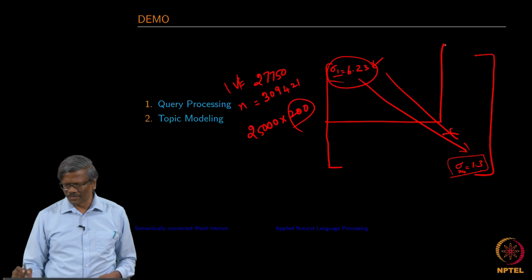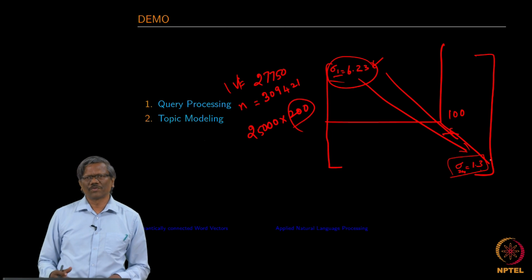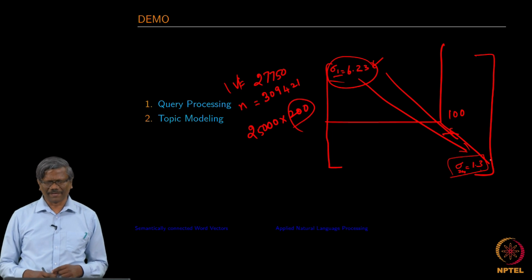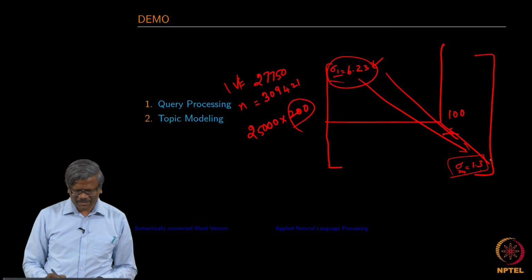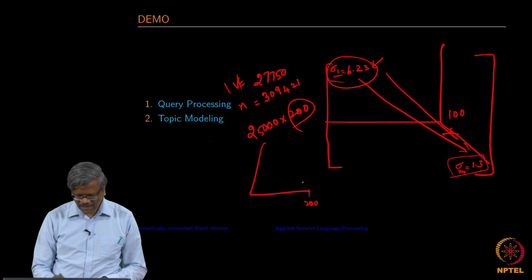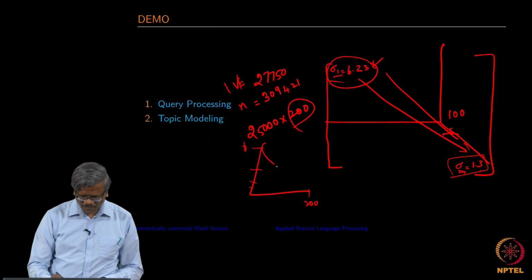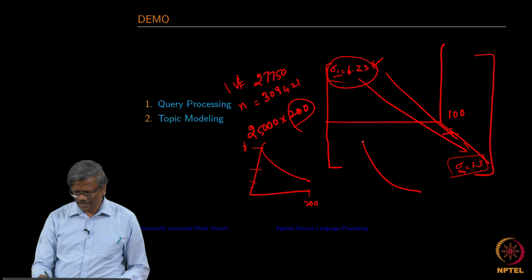For example, if you are able to cut it to, let us say, 100, the contribution from 100 to 200 should be very small and insignificant, whereas in this case it is not so. Also the sigma value reduces very slowly. If you have this as 200 and this is 6, it shouldn't be the case. It should decay down quickly.